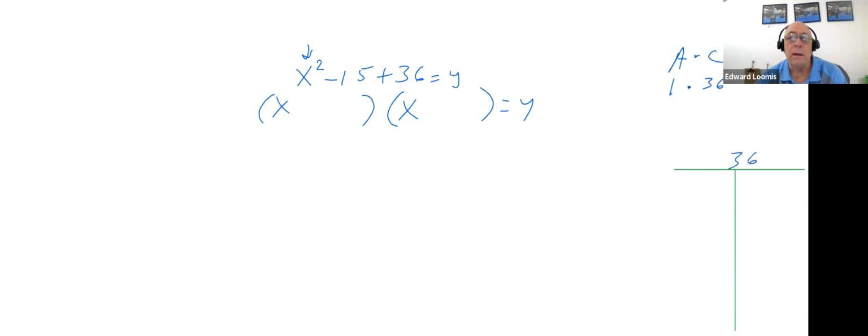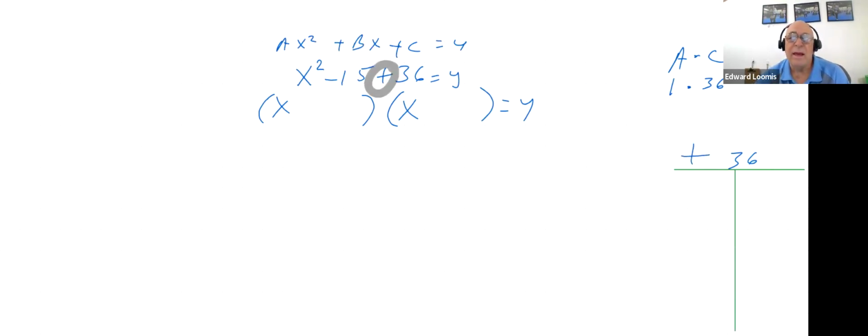Then I'm going to look and see what is c. And remember that this is just ax squared plus bx plus c is y. I'm going to look at c. C is positive, so I'm going to put a plus sign right there.